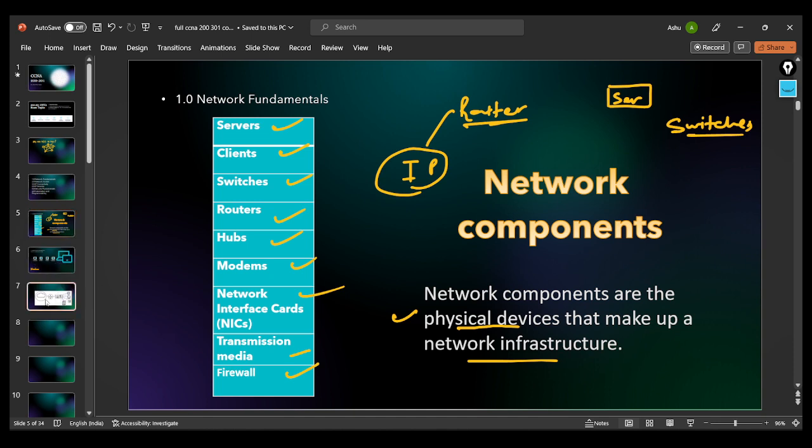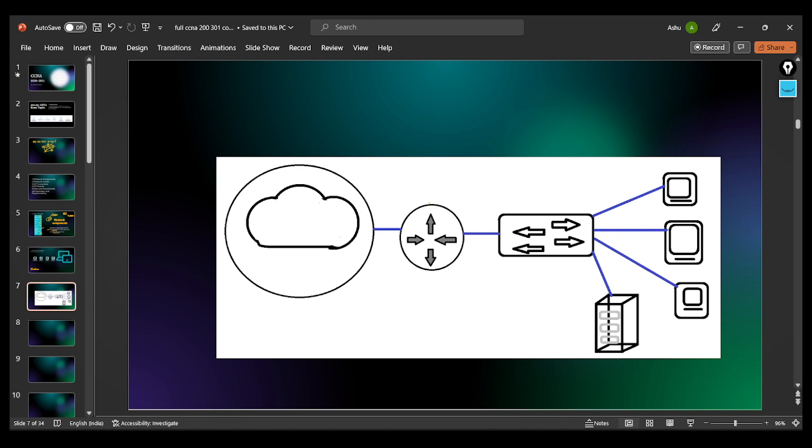Now, look at this diagram. This is a basic diagram to understand this scenario. In this ecosystem, this is a switch, this is a router, this is a server. The server may be any server. This is the client, the users, anything.